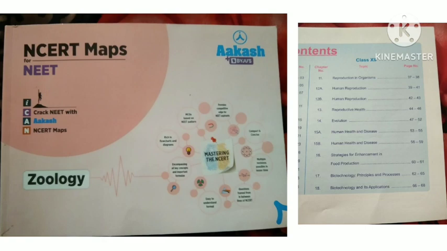Allergies. An exaggerated response of the immune system to certain antigens present in the environment. Allergens are substances to which an exaggerated immune response is produced, e.g. pollens, mites in dust, animal dander, etc. The antibodies are of IgE type. Symptoms: sneezing, watery eyes, running nose, difficulty in breathing.